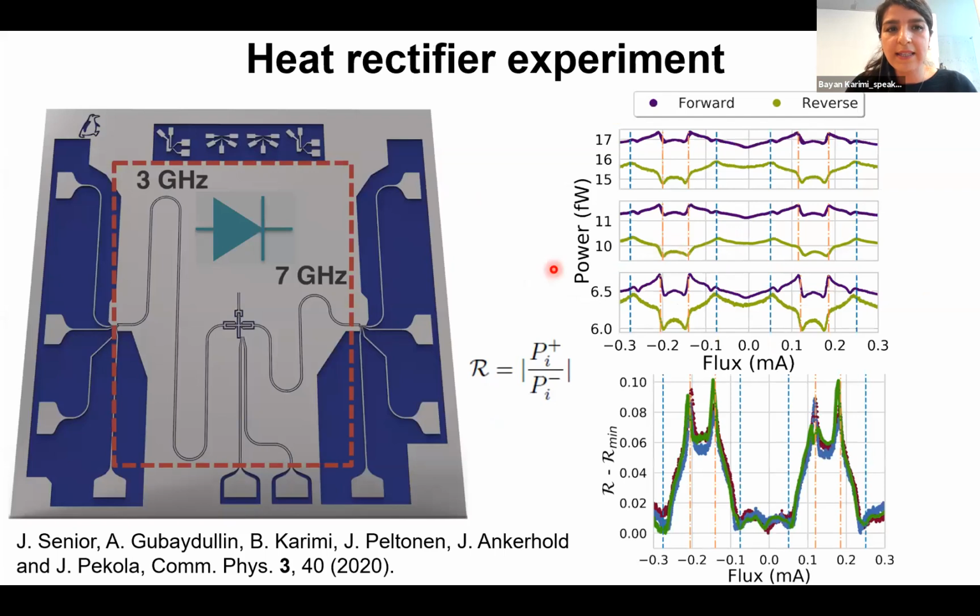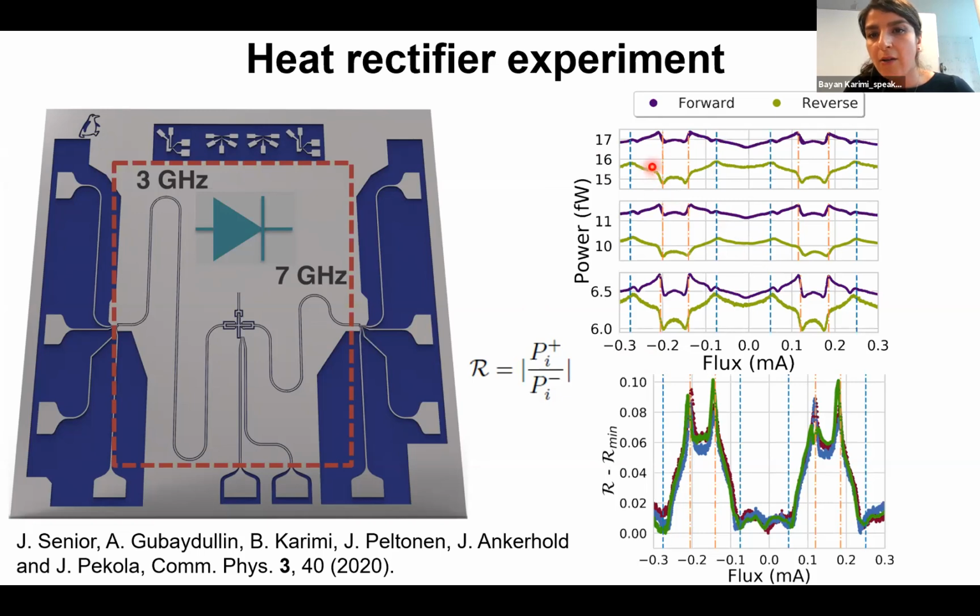Here you can see the experimental setup, where we have the qubit and two different LC resonators, at 3 and 7 gigahertz. We can see again how the power behaves when we make a different temperature on this side and this side; on both sides we look at the forward power and the reverse power.